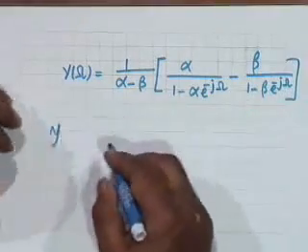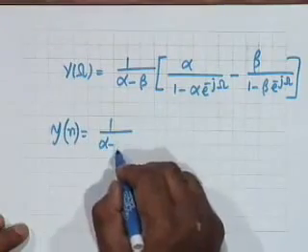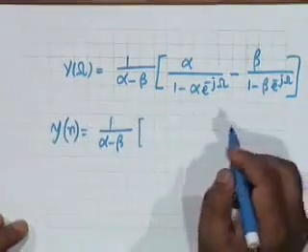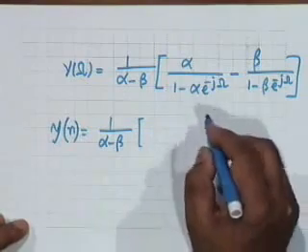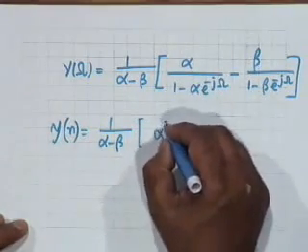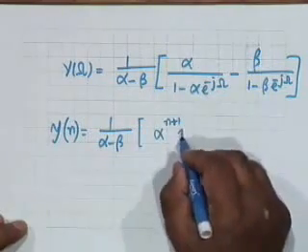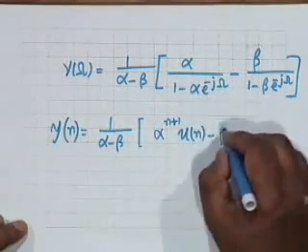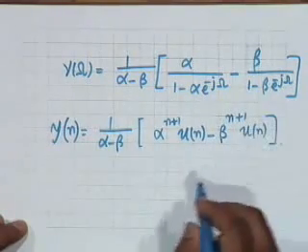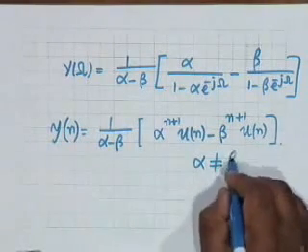And now we can invert it term by term, that is, we get y of n equal to 1 by alpha minus beta, then what is the inversion of this? Alpha to the n plus 1. Where does the plus 1 come from? Alpha. So it is alpha to the n plus 1 u of n minus beta to the power n plus 1 u of n. And obviously for this to be valid, alpha cannot be equal to beta.